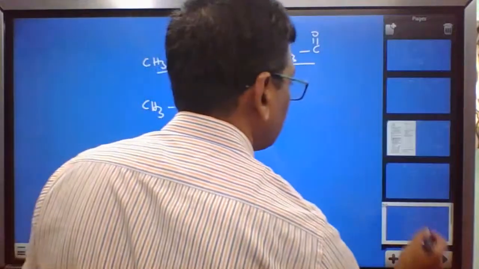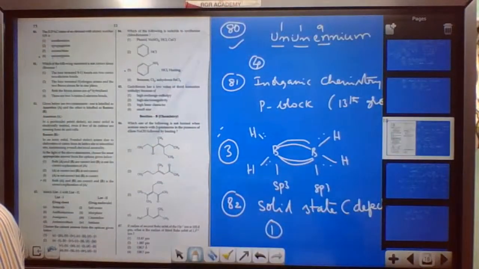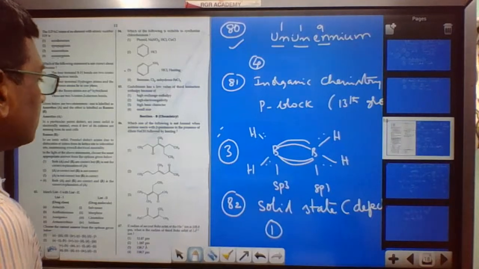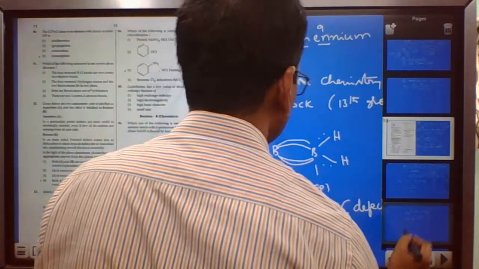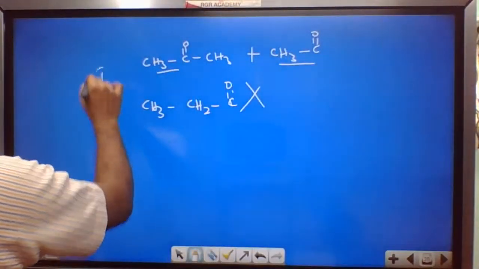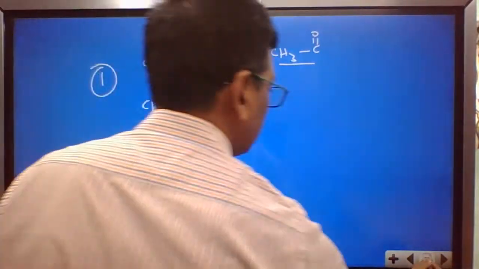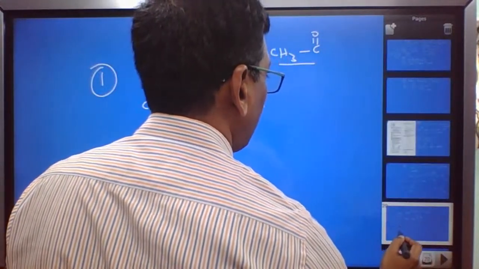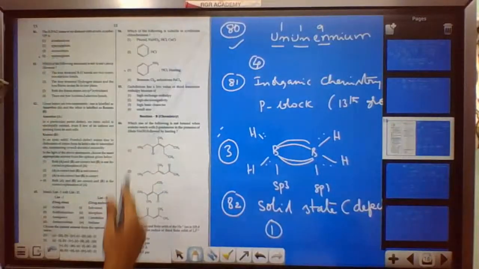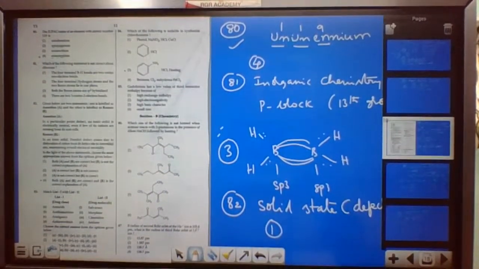So the option is first option. 86, they have to work it out. Students need some extra time to work it out. If they have any chance, they can eliminate it. They can leave it.